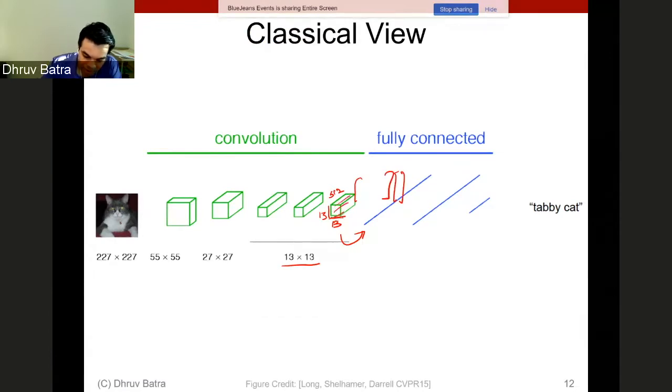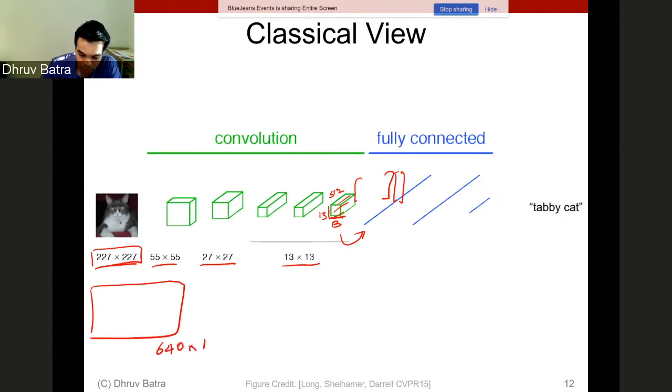Because this tensor has to be a particular size, the tensors before it have to be a particular size, so the image has to be a particular size. So if I had a larger image, 640 by 480, I simply cannot get past this transition. Convolutions, by the way, accept input at test time of different sizes. Convolutions are fine, but it's this transition that's locking us into a size. Fully connected layers do not work with that.